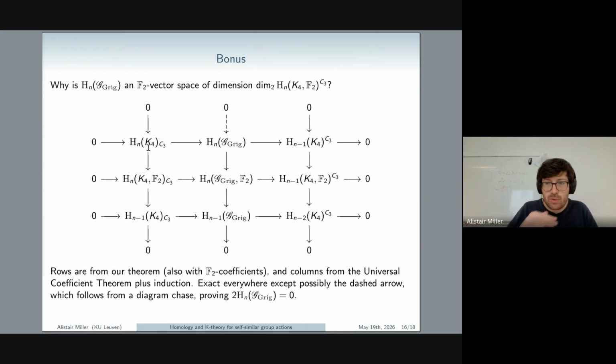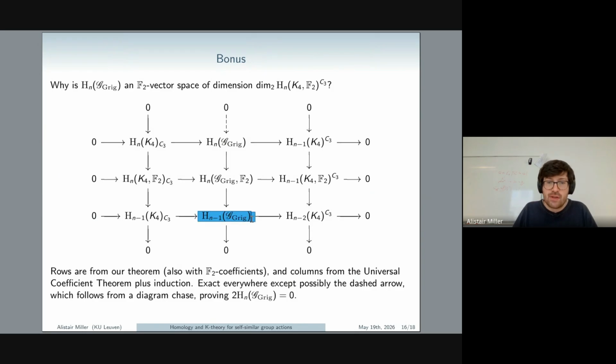Well, basically the rows are what I get from our main theorem. So this is another way of writing the co-kernel and the kernel. We actually need a version of our theorem with F2 coefficients for this. And here, this is just n-1. So the columns are coming from the universal coefficient theorem.